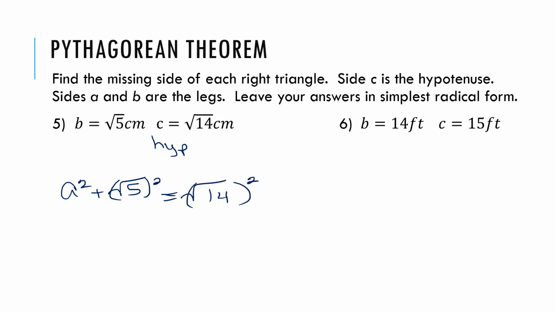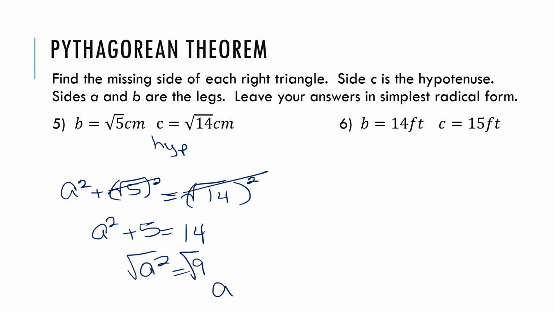Just as we did in the previous problem, the square of a square root undoes itself. So we'll have a squared plus 5 equals 14. When we subtract 5 from each side, we'll have a squared equal 9. And when you simplify, you'll get that a has a value of 3. So the length of the missing side is 3. And actually, we should be putting those units of measure on there, so 3 centimeters.